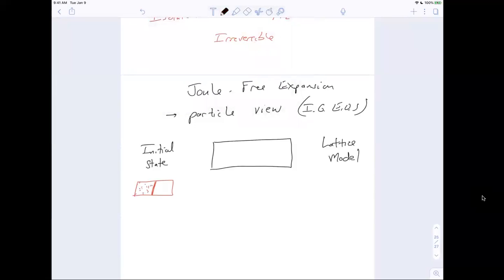So what we're going to do is make discrete little sites, okay? And we can put a particle here in this site. We can put a particle here in this site. We might have another particle here, and a particle here, okay? So this represents the left-hand side initial state.